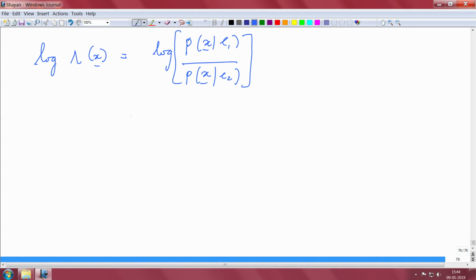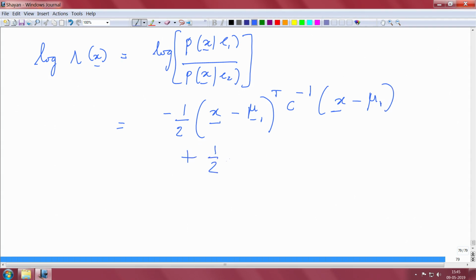So, if you simplify this carefully, you are going to get minus 1 half x minus mu 1 transpose C inverse x minus mu 1 plus 1 half x minus mu 2 transpose covariance inverse x minus mu 2.